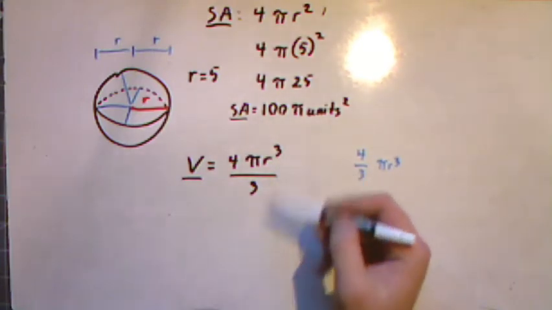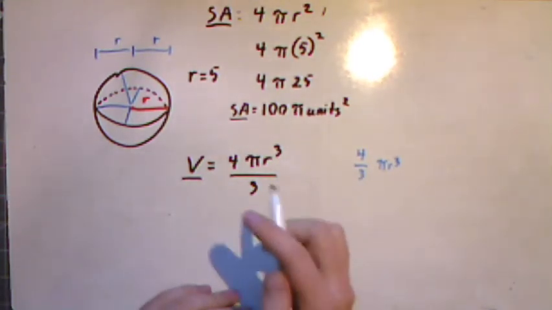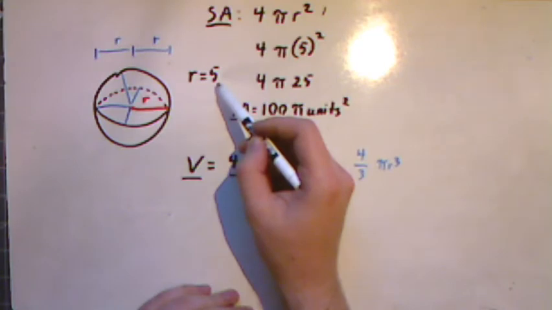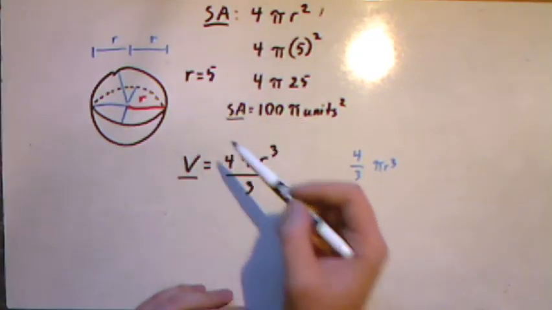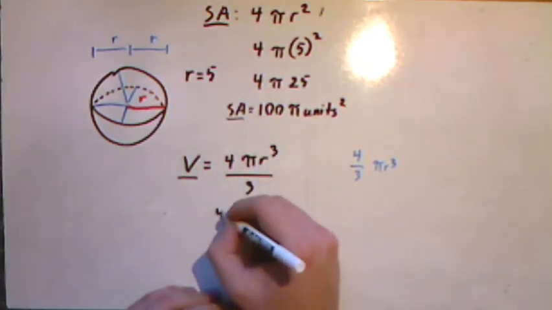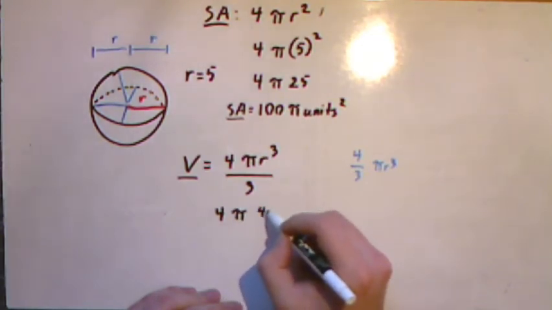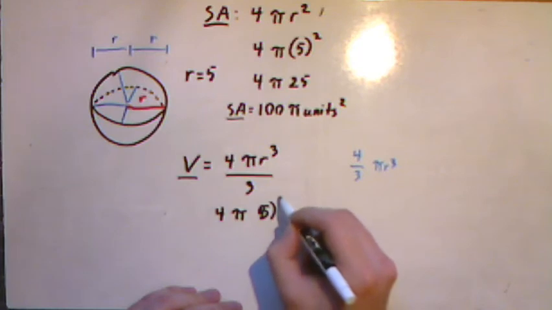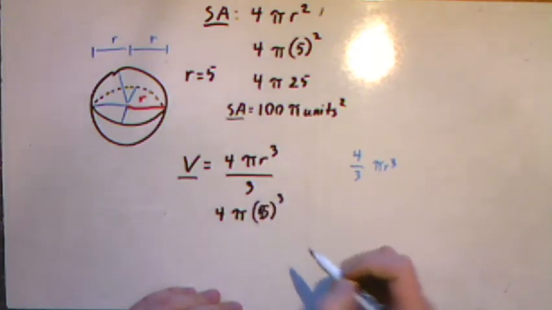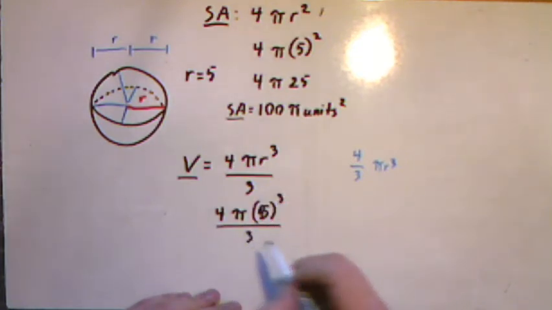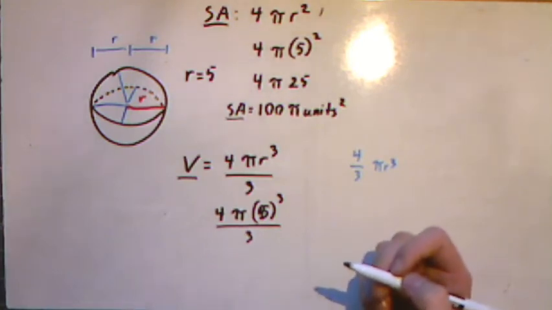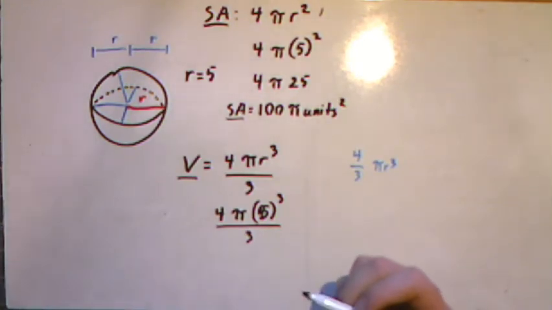So continuing on from here, again, the only dimension that we have is our radius, so the only thing we have to do is plug in for our radius. So our 4 stays the same, pi stays the same, and then we have 5 being cubed. We're dividing this by 3, and then we just need to simplify our answers as such.